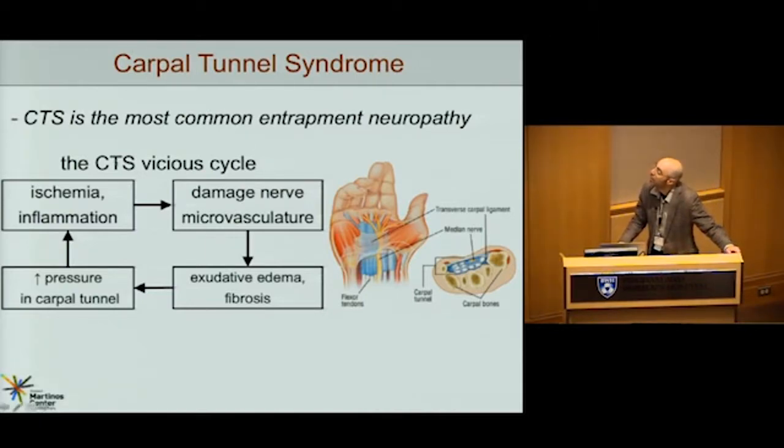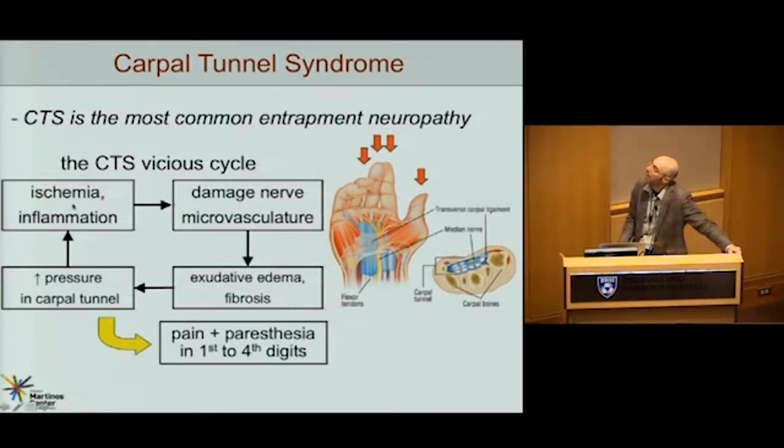There's pressure inside of the carpal tunnel, which then produces ischemia and inflammation, and then damages the nerve microvasculature, producing exudative edema and fibrosis, which then cycles back, increasing the pressure inside of the carpal tunnel, all leading to pain and paresthesias in the fingers that are innervated by the median nerve, which are the first through the fourth digits.